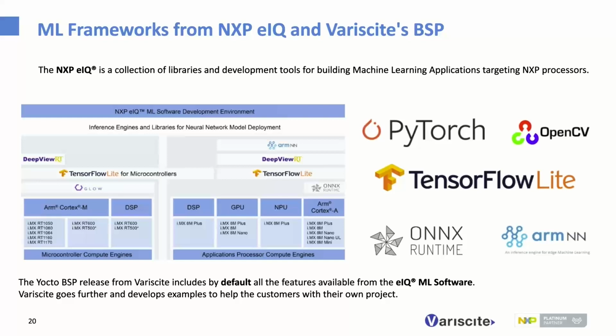Everything that NXP included, we also included by default in your current BSP. You just need to go to our wiki, build a Yocto BSP, and you are good to go to use everything from the NXP eIQ.